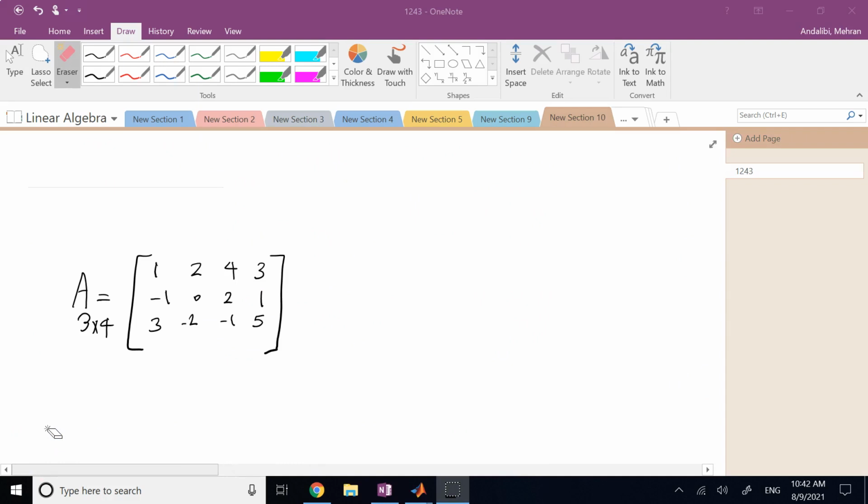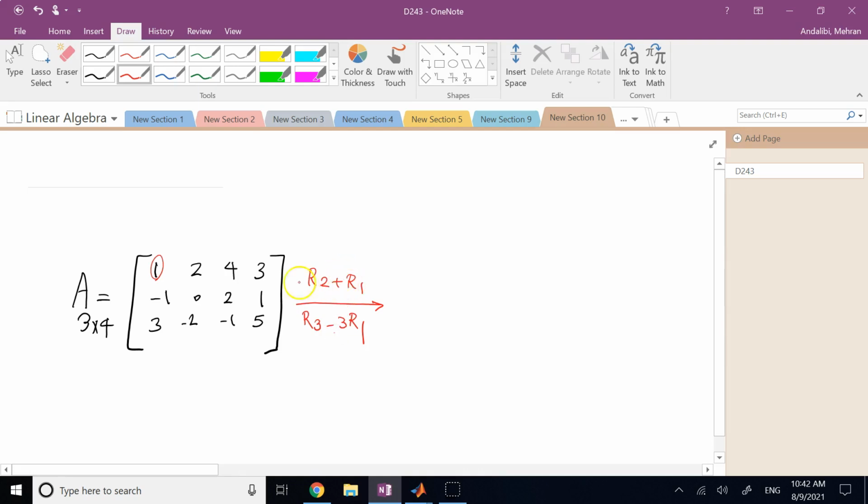So here is my 3 by 4 matrix, and now in order to get the rank, I perform the elementary row operations. Since this one is already 1, it's good. I need to just add row 2 to row 1, and then subtract 3 times row 1 from row 3, and that coefficient 3 comes from 3 over 1, just negated.